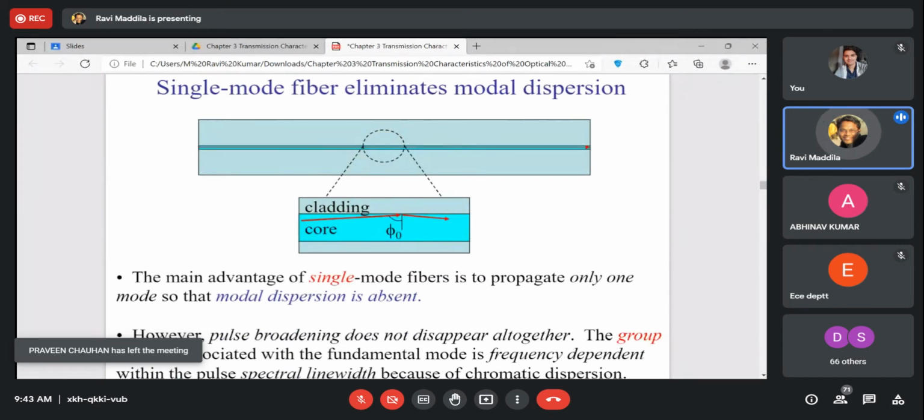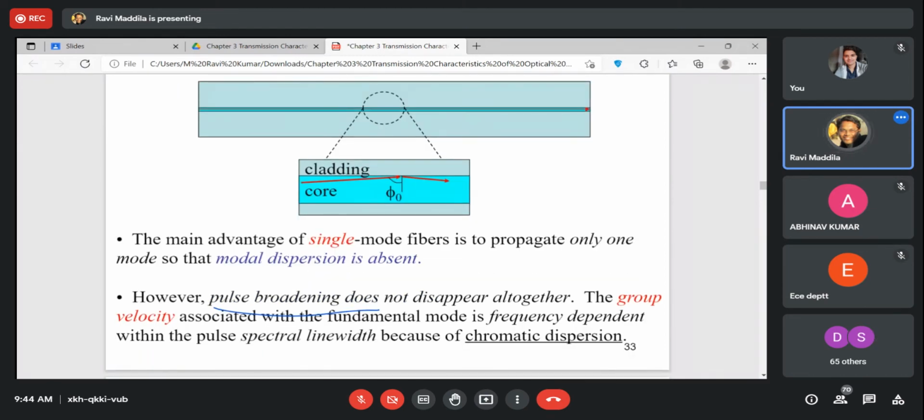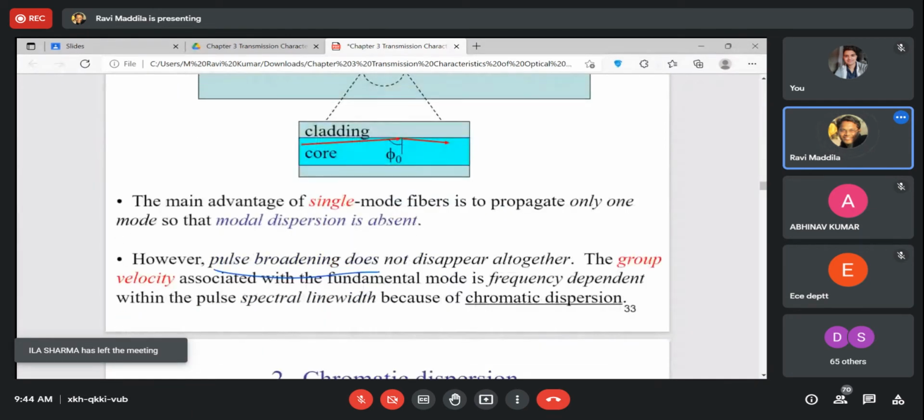Now, when we come to single mode fibers, it eliminates modal dispersion, meaning different modes will not be propagating in the single mode fiber, so there will not be modal dispersion. But pulse broadening does not disappear altogether. Okay, pulse broadening still is present, and that is attributed in one part to the group velocity.